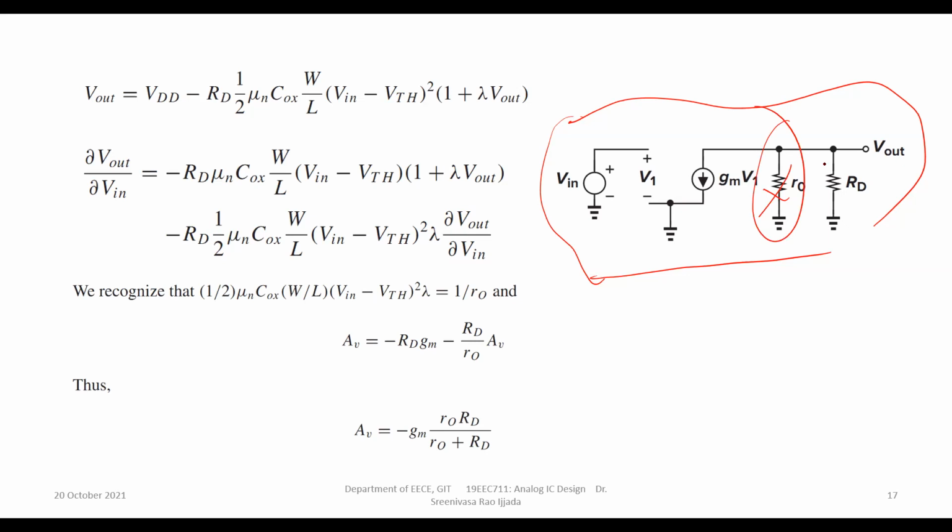Now you can write the same thing from this one also. What is the V out? V out is equal to, from this picture, this current plus this current plus this current.